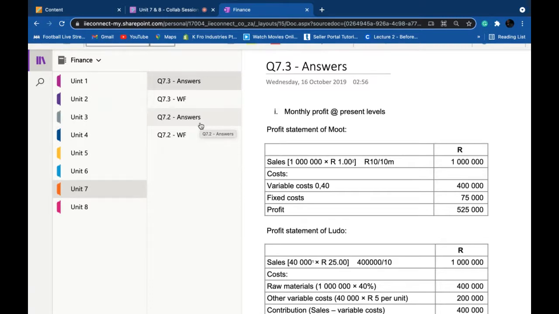Okay. Then going on, let's just quickly see. I want to see which one between 7.2 and 7.3 is similar to 7.1. Then we'll leave that one and do the other. Calculate the effect that the existing transfer pricing system has on company profits. Calculate the impact on company profits if the transfer price were changed to 13 Rand 20 cents per unit. So this one is pretty simple.